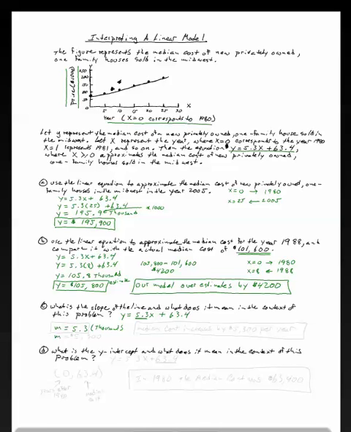So if we multiply 5.3 by 1,000, we get 5,300. What this is telling us is that every year that passes, since our slope is positive, we know it's increasing. So our cost is increasing by $5,300 per year, and that's what I'll write.